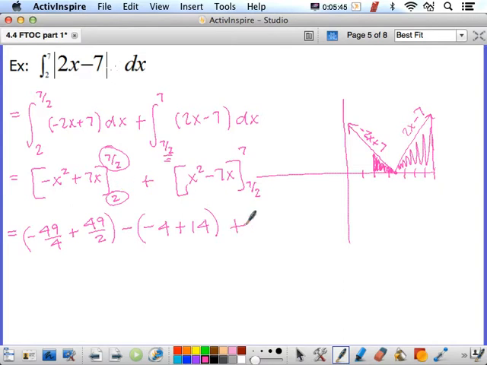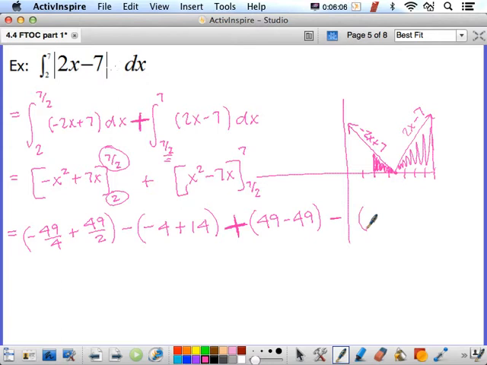Plus, parentheses, 49 minus 49, right, you guys? So this plus is what's between the two here. But it is minus when we substitute in the 7/2 here.